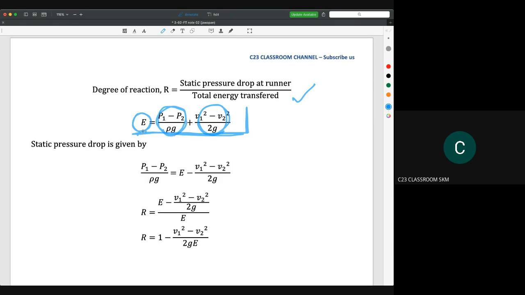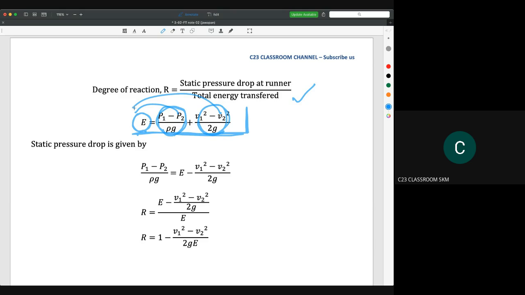It might be P1 minus P2, because the head of turbine is located at the outlet. If we bring the P2 and V2 here, they will have a positive sign, which means that E comes from the output. So head of turbine is at the output, while head of pump is at the input side.